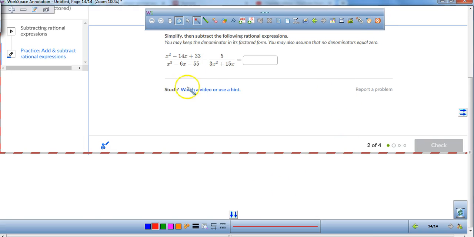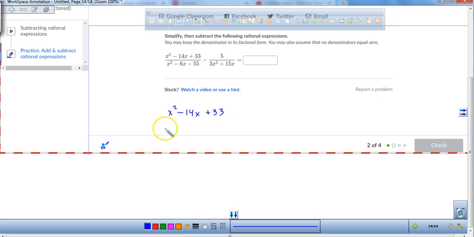Take your time. Going to start out by writing this trinomial, which is x squared minus 14x plus 33 all over x squared minus 6x minus 55.